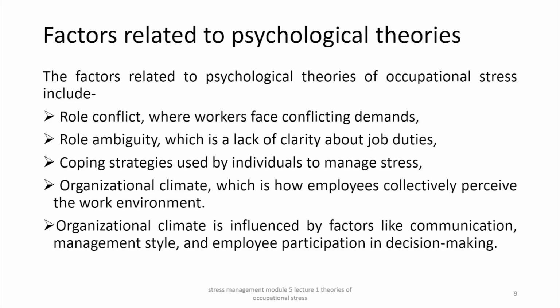These factors are role conflict, where workers face conflicting demands, meaning they are supposed to perform two different types of duties at the same time. Role ambiguity, where there is a lack of clarity about what is expected from an employee. Coping strategies, the kind of techniques which an employee uses to manage stress.